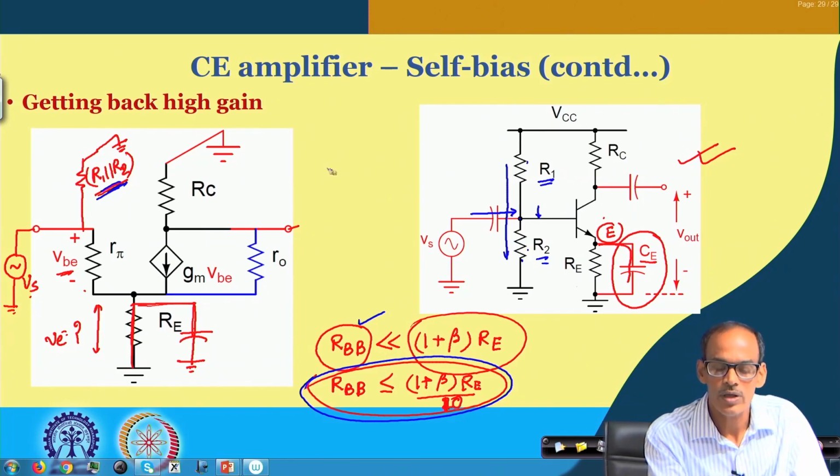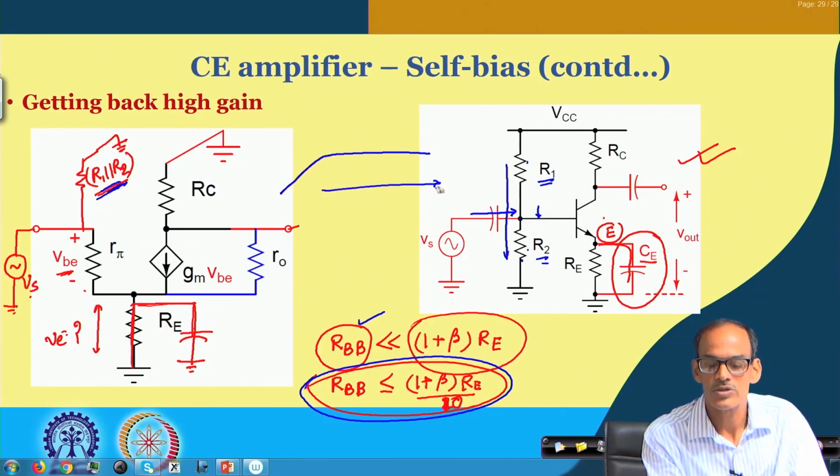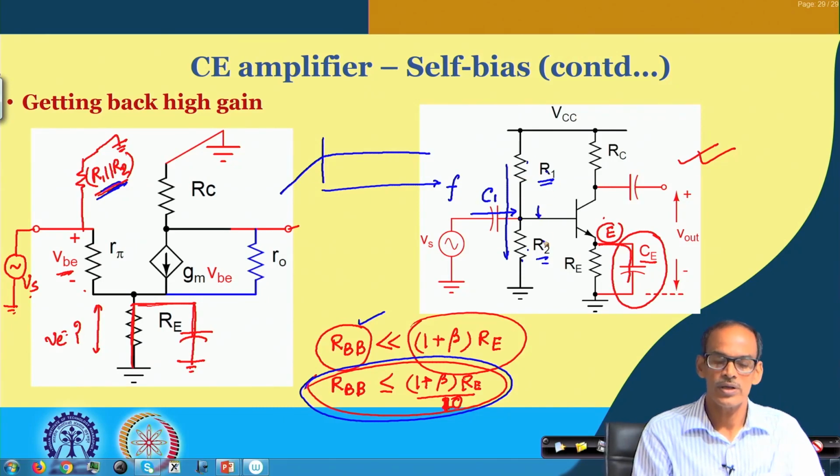So far we are talking about the mid frequency range operation, and if you go to lower and lower frequency, then of course the voltage gain will be dropping. One of the candidates to define this lower cutoff frequency is the coupling capacitor C1 and the parallel connection of R1 and R2.